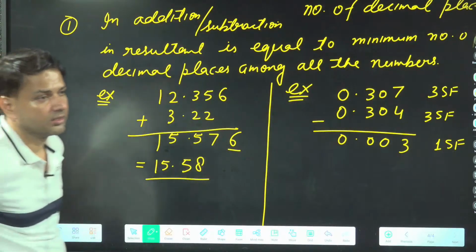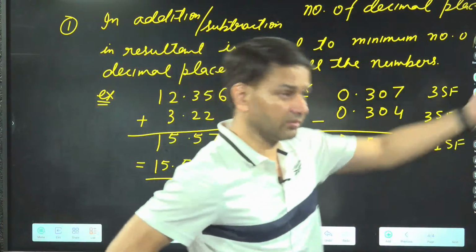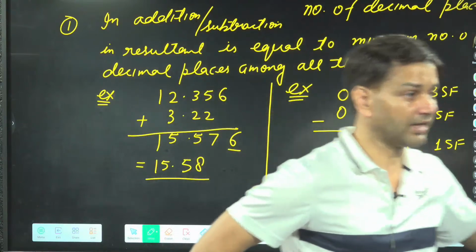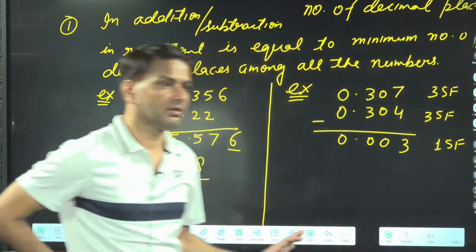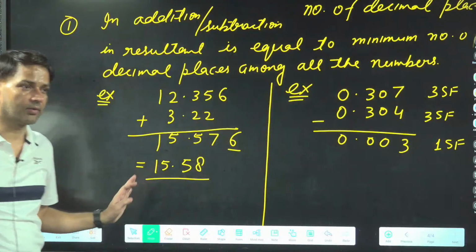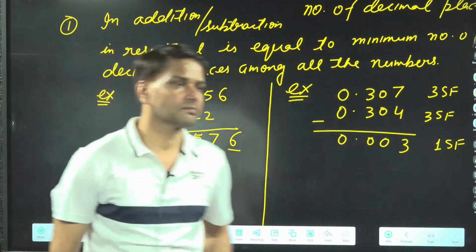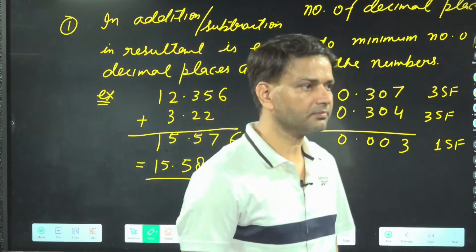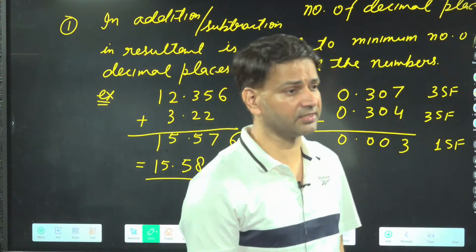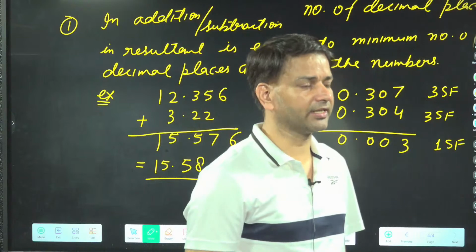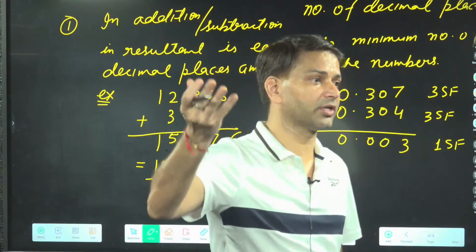Getting or not? So here, the significant figures are decreasing. Okay, that is possible. Everybody got or not? Significant figures we cannot increase, because in experimental data we cannot increase the resolution in the calculation.